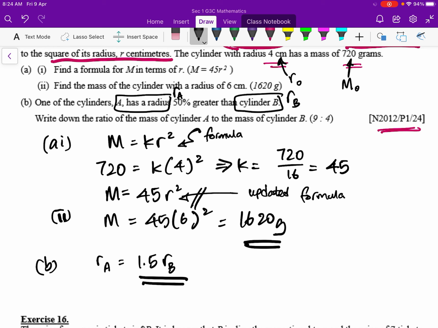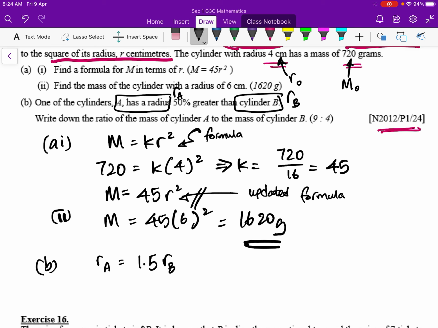Instead of RA and RB, we actually have only RB and 1.5 RB. Only one unknown. Less confusing, less work to do. Okay, this is from the first sentence in part B.